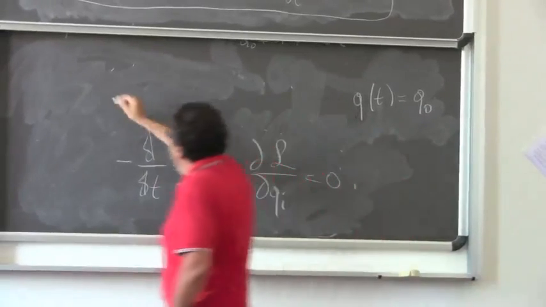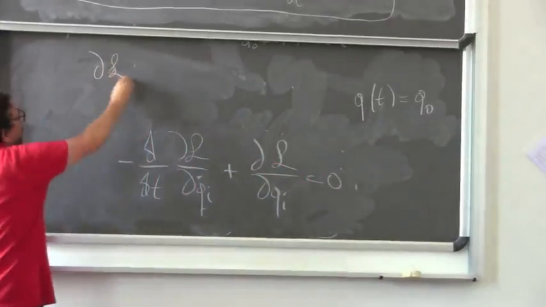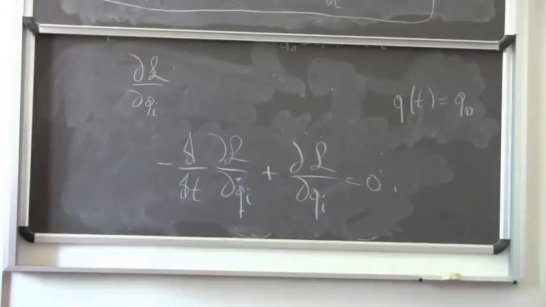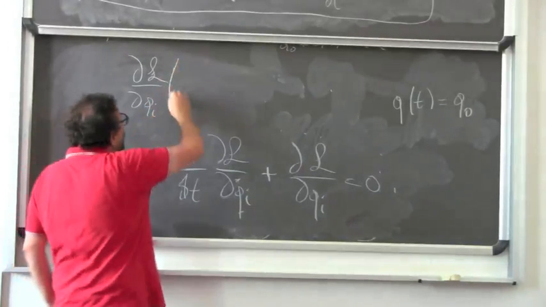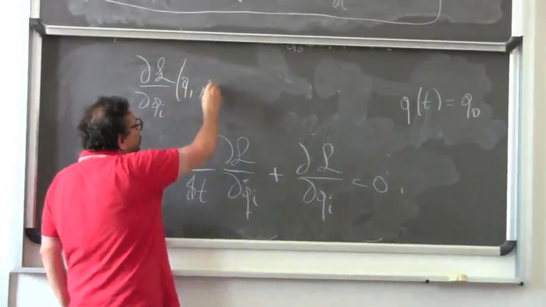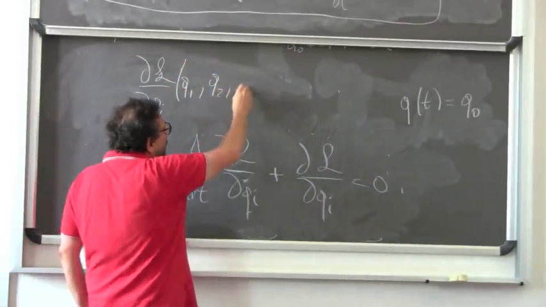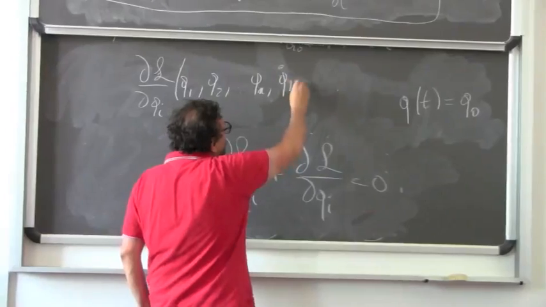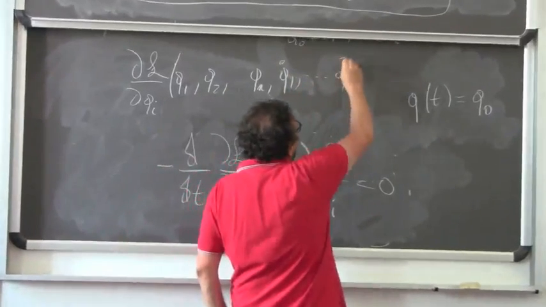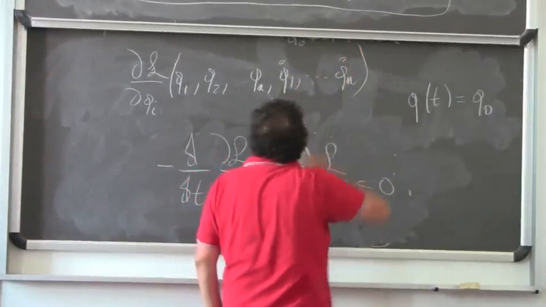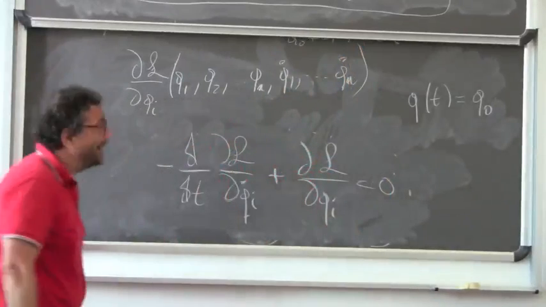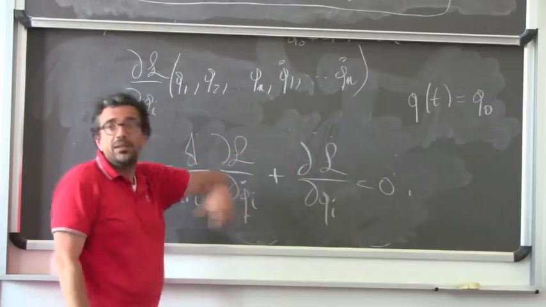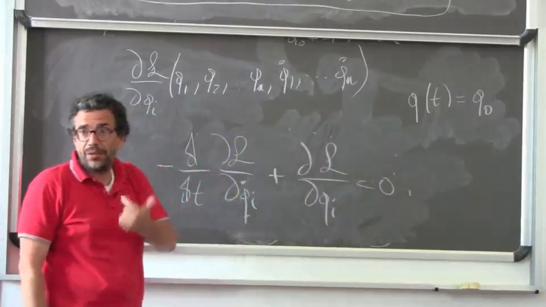Okay? So you have dL over dq_i, and this animal depends on q1, q2, ..., qn, q dot 1, ..., q dot n. Okay? And each of these variables depends itself on time.